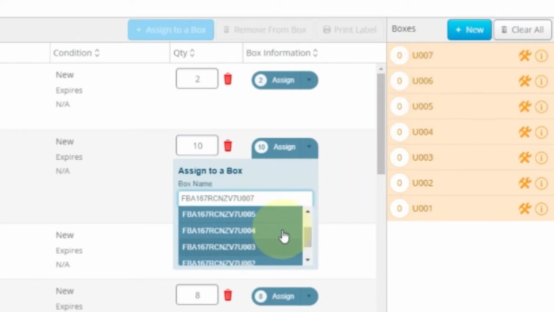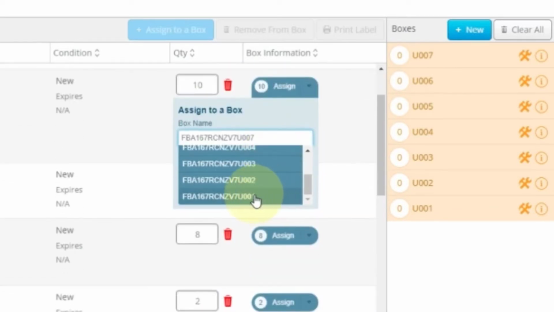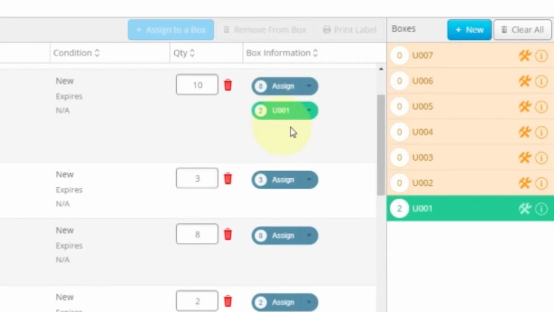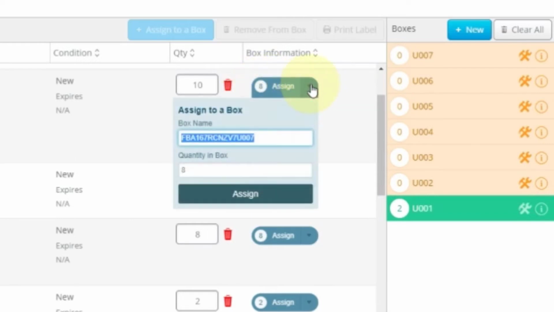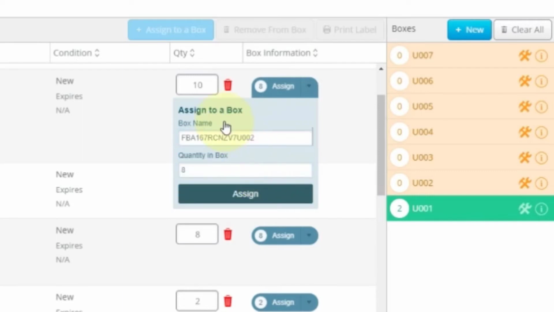So out of 7 boxes, I could assign, for example, I could say 2 went into box number 1. And now you see the color of 2, that's a different shade of green or whatever. I'm colorblind, so whatever it is. But now you got 8 left that you still need to assign. So let's say in box number 2, you were going to put 5 of the 10.